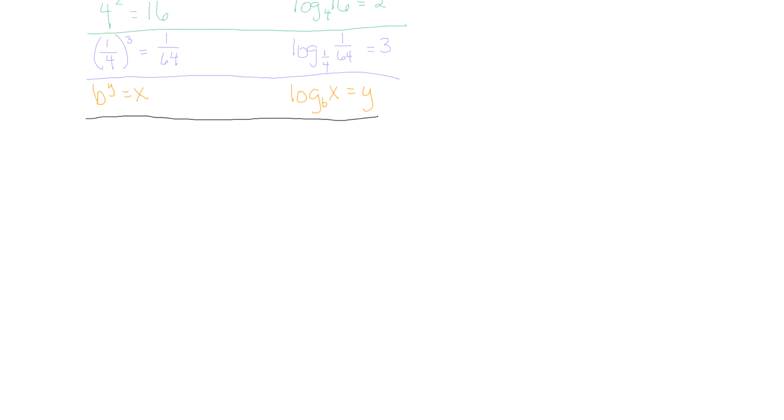Given the log this time, how would I write it in the exponential form? Base to the exponent equals answer.